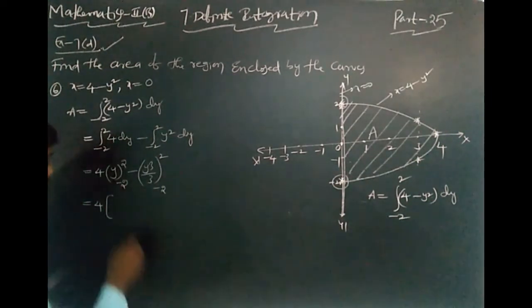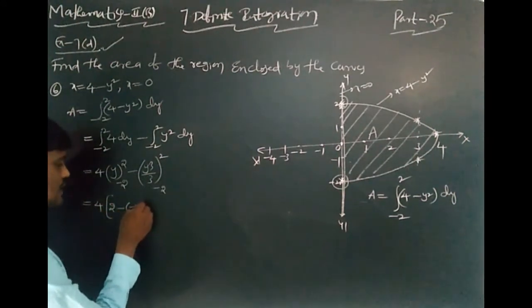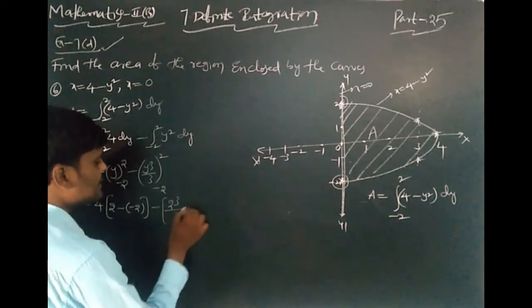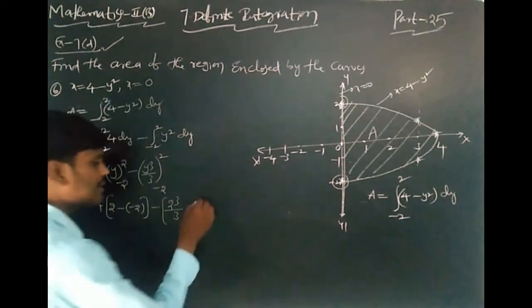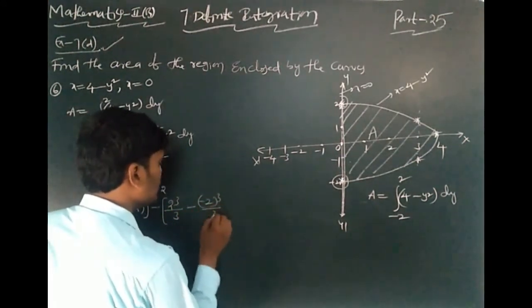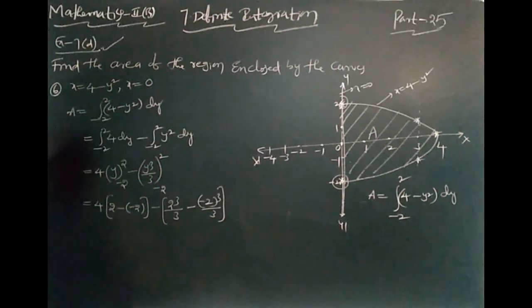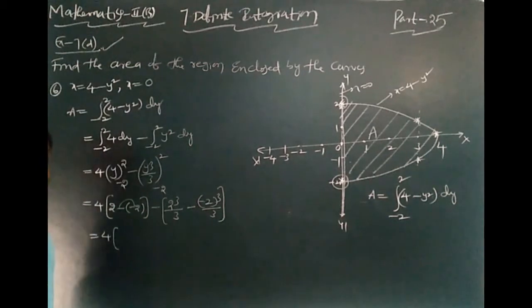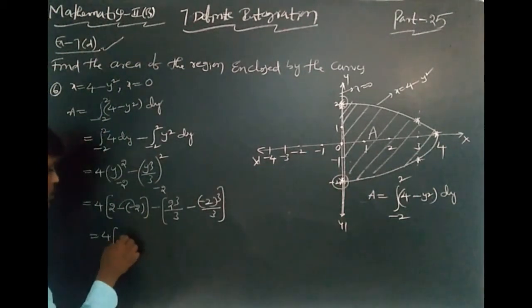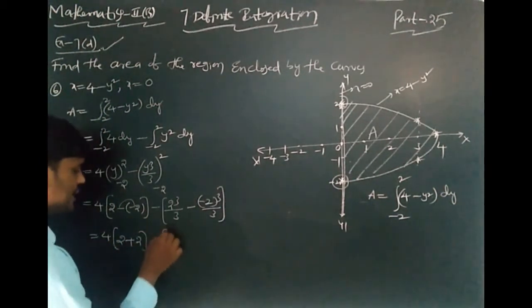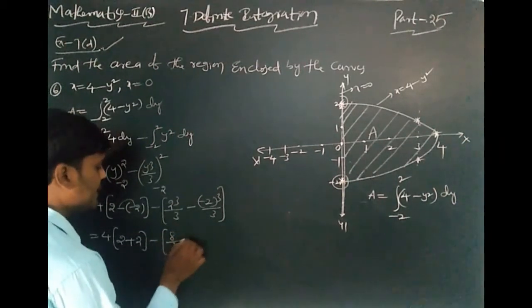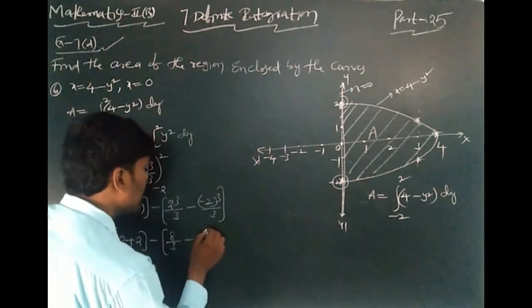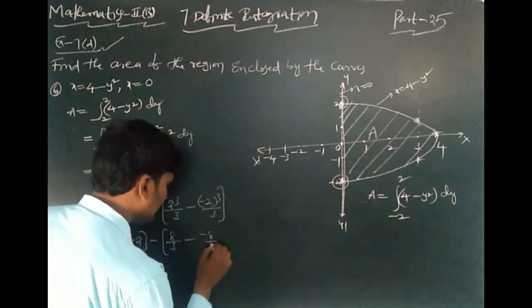Upper limit is 2, minus the lower limit, minus 2. 4 into 2 plus 2, minus 2 cube by 3, value 8 by 3, minus of minus 2 cube by 3, value is minus 8 by 3. Correct or not, students?